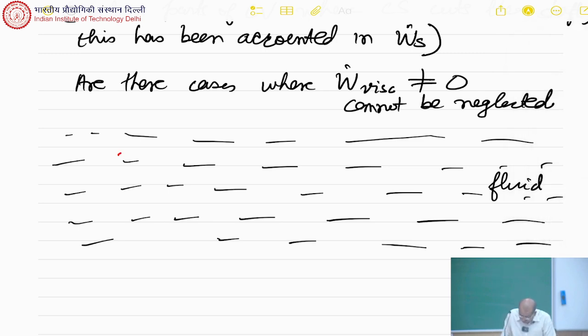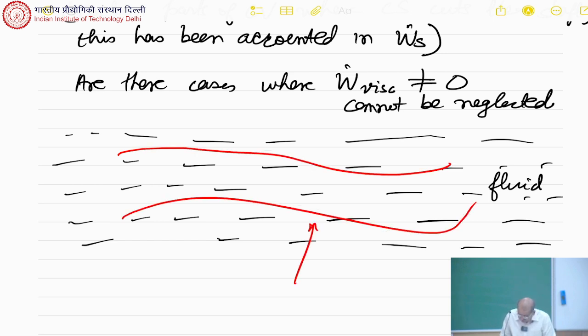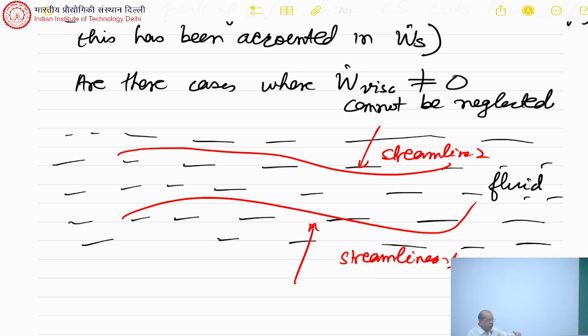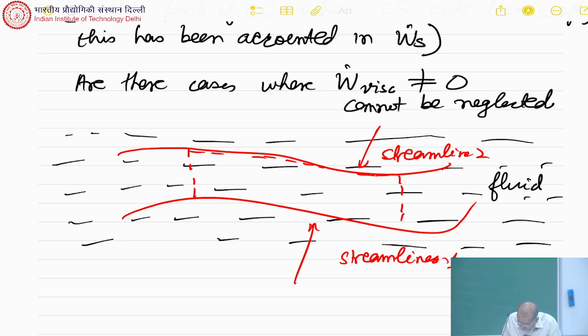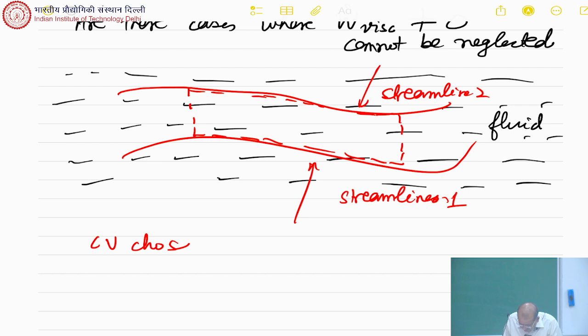And in this, what I do is, I choose two streamlines, a streamline 1 and a streamline 2. The flow is going, that means I just showed the dotted line as a reference that everything is fluid, and in the fluid I choose 2 streamlines, and suppose the control volume is chosen as the dotted line.